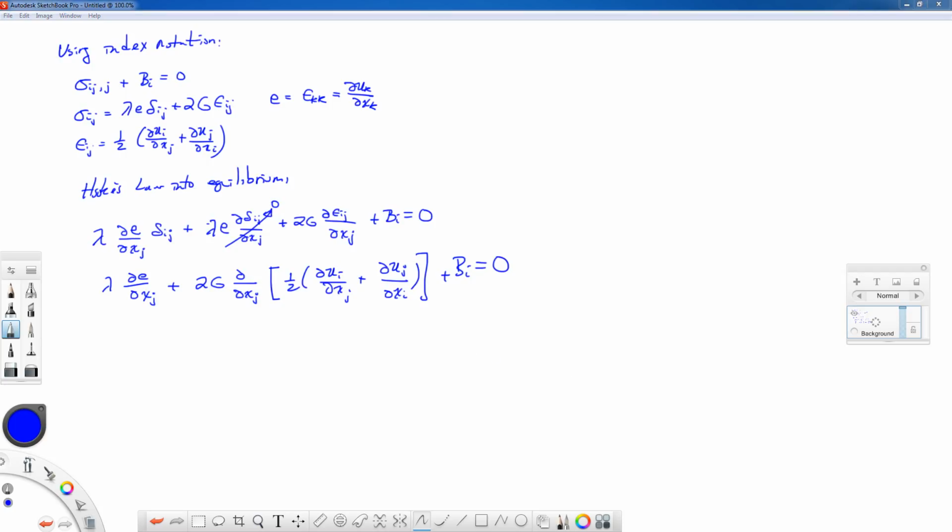And before I forget, I need to make sure I have my Kronecker delta ij in there. Now the Kronecker delta ij acts as a replacement operator on indices, so I can actually rewrite this first term as lambda partial of little e with respect to xi.